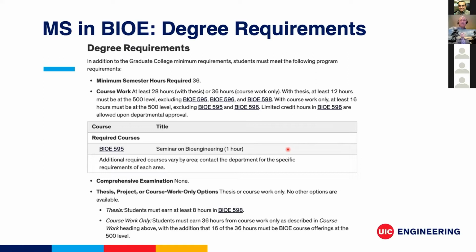A certain number of these hours must be in the bioengineering department, but other than that, the rest can be in any other STEM department, so you can really tailor your master's coursework to your research interests, because bioengineering or biomedical engineering is a large and broad field. And if you're doing a thesis, you need a certain number of thesis hours.